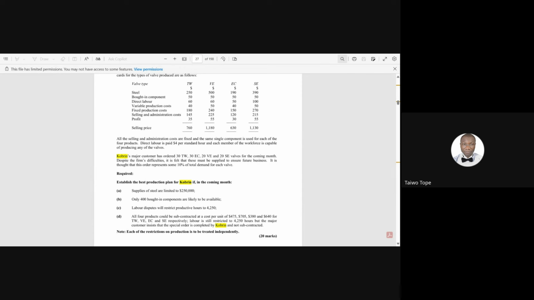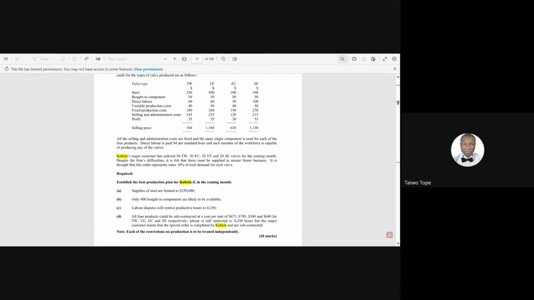How much will you pay per unit? They are giving a price of 475, 705, 380, 640 for TW, VE, EC, and SE respectively. So this is the cost of subcontracting.